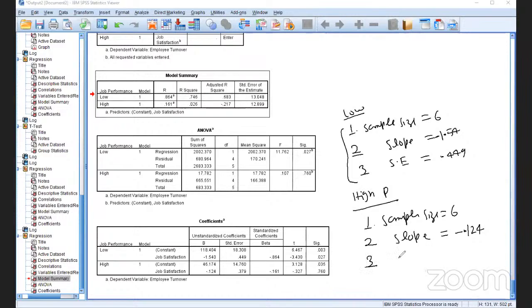And third, the standard error value is 0.379. So we will put all 6 values in the online calculator, and the online calculator will give us the p value. If the p value is less than 0.05, we can say low job performers leave the job, and employee turnover is high.